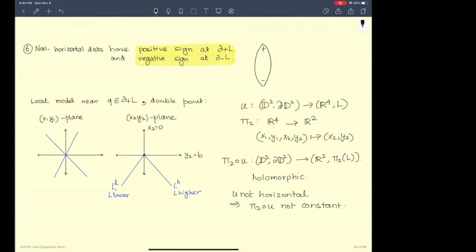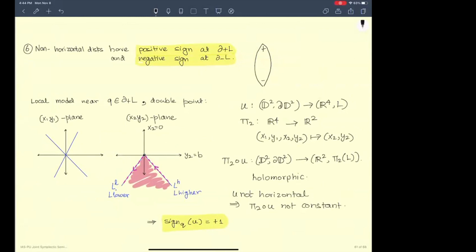So then you stare at this picture, and what's the only non-constant disk you can draw with these conditions? It's that pink one. Because the boundary has to be on these Lagrangian projections. And then because there's only one complex orientation, it has to go like this. So it goes from higher to lower. So the sign is always going to be positive.